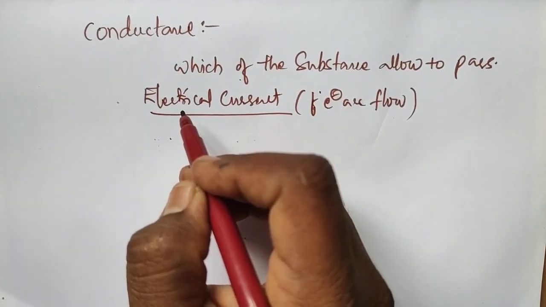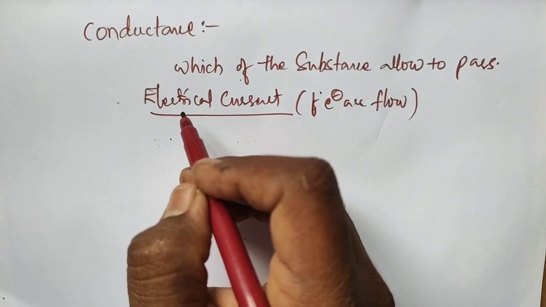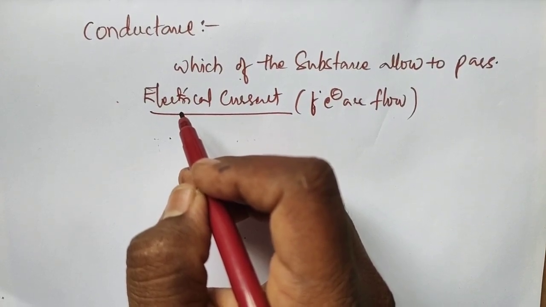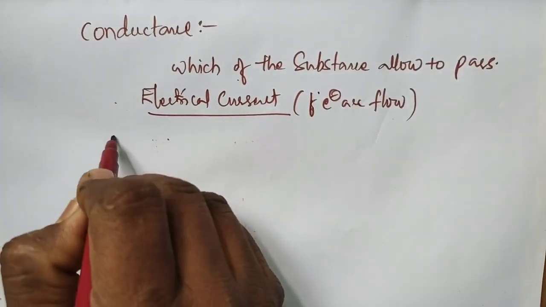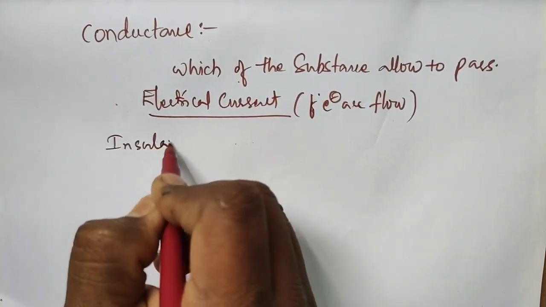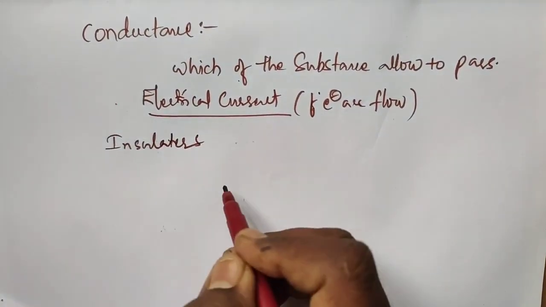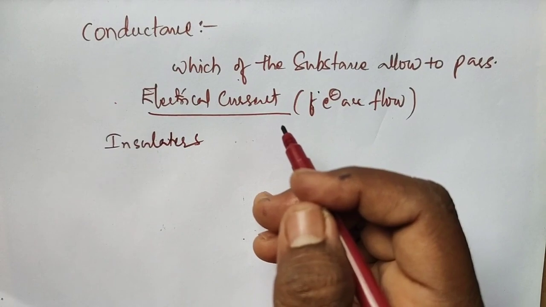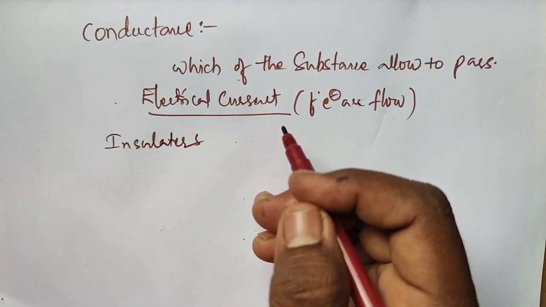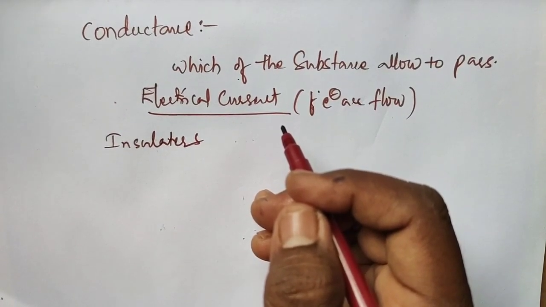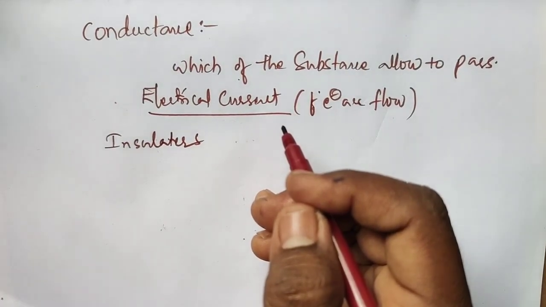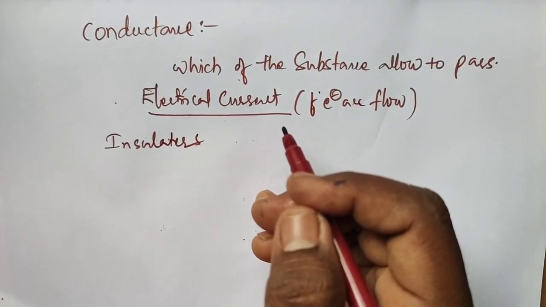Substances which do not allow the current to pass are called insulators. For example, rubber, wood and glass act as insulators, so from these substances the electrons do not flow.